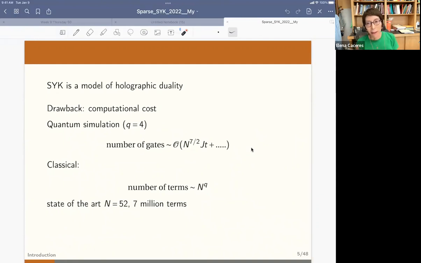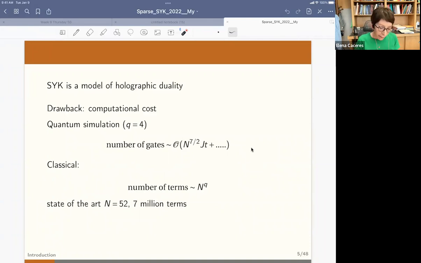Some people are very interested in the possibility of simulating SYK in a quantum computer. So there are many lines of work in that direction. For me, I'm not really interested in that. I just want to do numerical simulations in classical computers, in any supercomputer that is available right now.